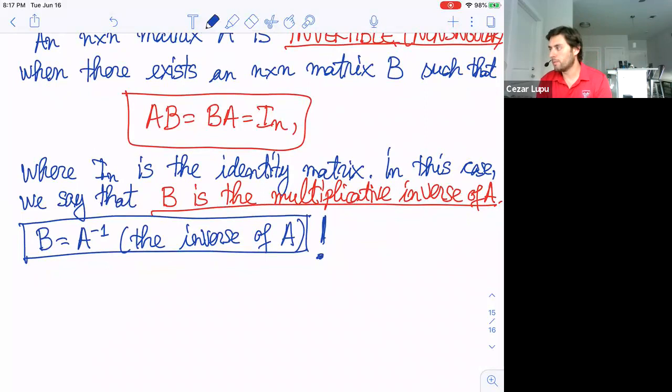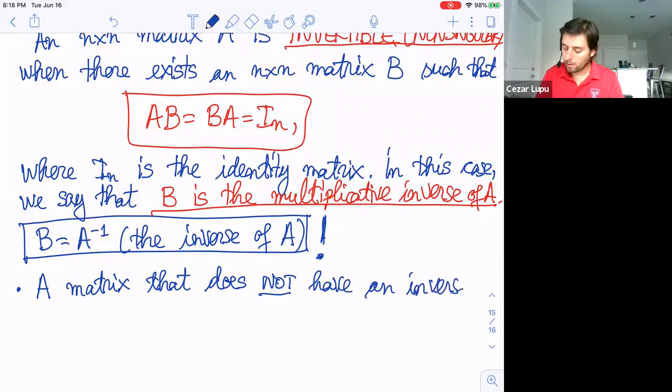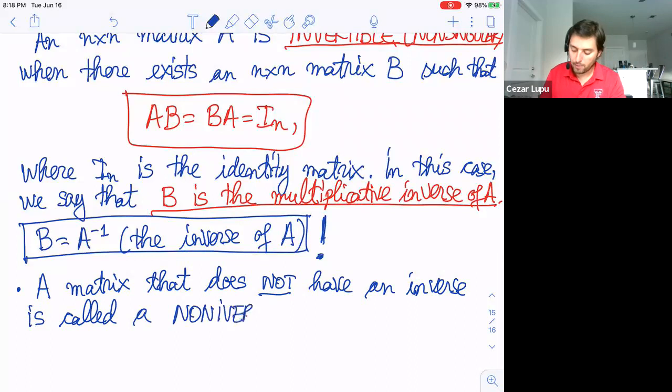And I want to point out, before I point out the remark here, a matrix that does not have an inverse is called a non-invertible or singular matrix.